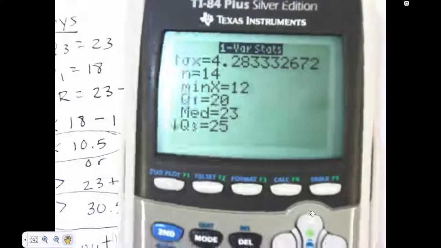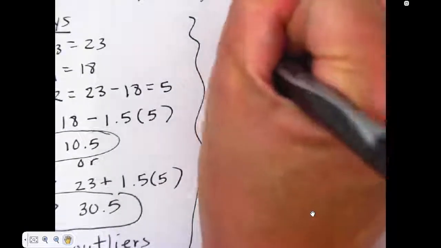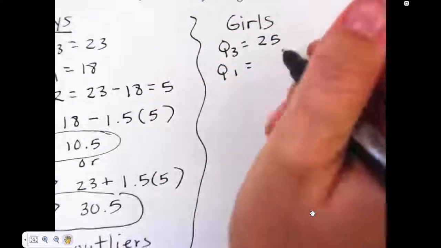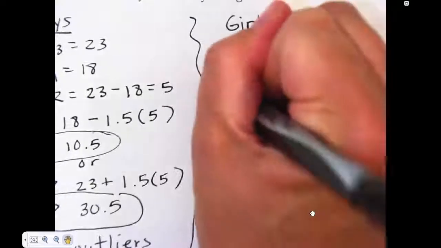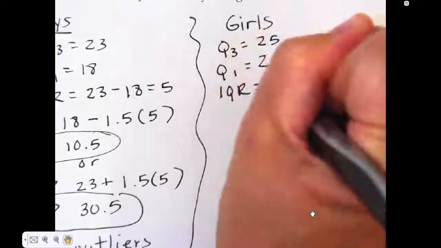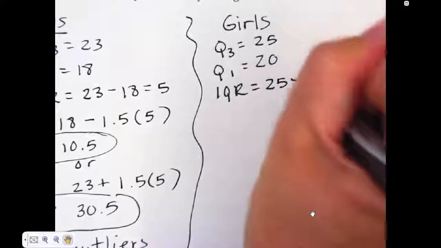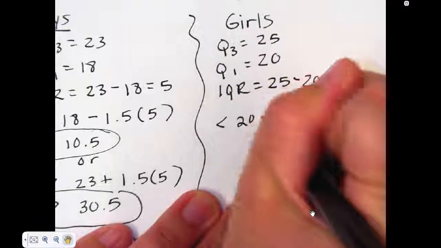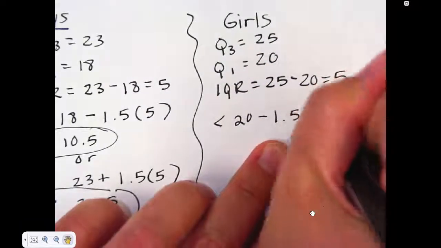And again, I need my Q3 and my Q1. So Q3 is 25. Q1 is 20. So this one also has an IQR of 5, because 25 minus 20 is 5. So I'm going to take anything less than 20 minus 1.5 times 5.